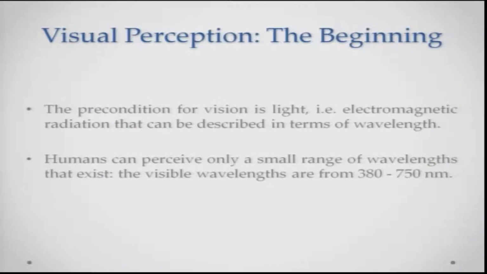Now, what is light? Light is electromagnetic radiation that can be physically described in terms of wavelength. There is a range of wavelengths which we are more sensitive to, and that forms what is called visible light for us. Humans can perceive only a very limited range of these electromagnetic radiations, and this visible wavelength falls between 380 to 750 nanometers.